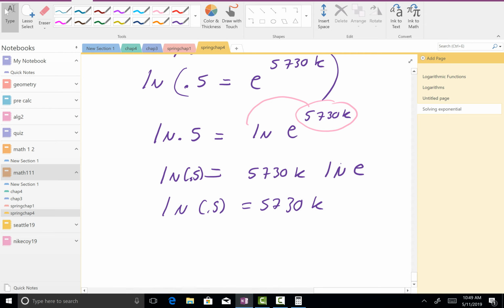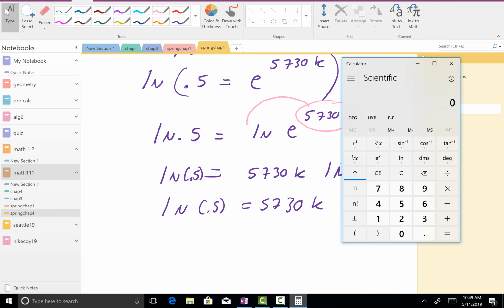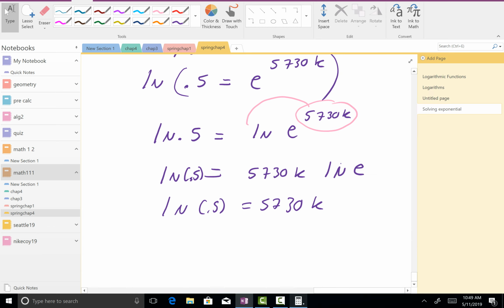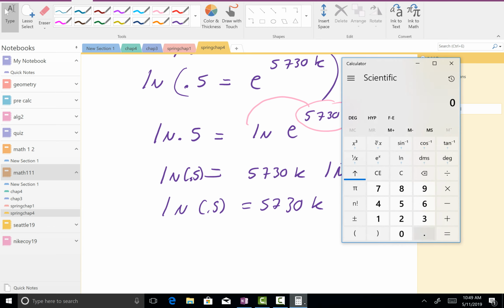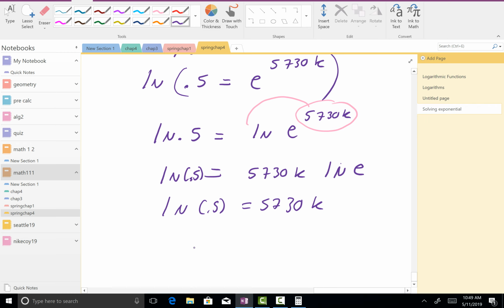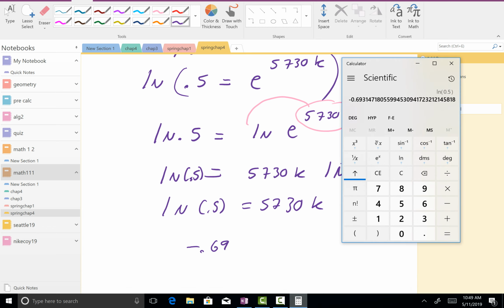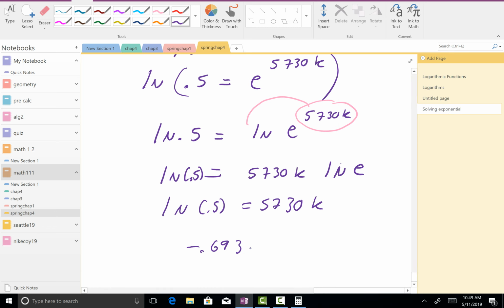No? Oh, k could be negative. That's okay. Natural log. Got it. Clear. 0.5. I was thinking that something else was going to be negative. I thought, well, we're in trouble there, but the k is okay to be negative.